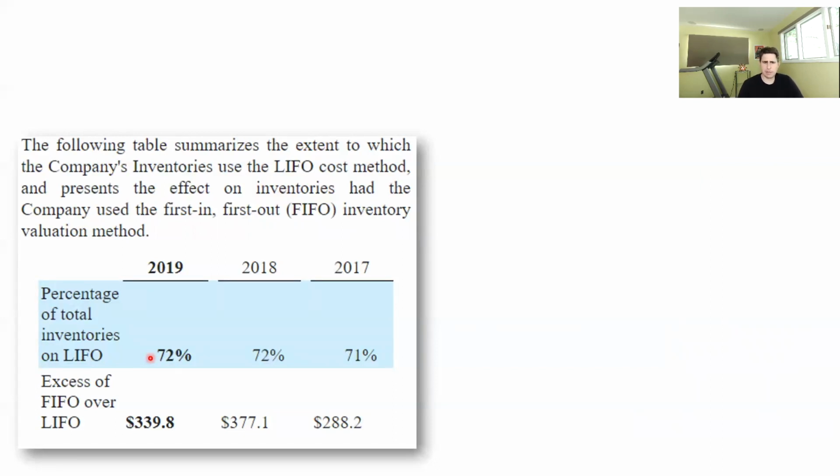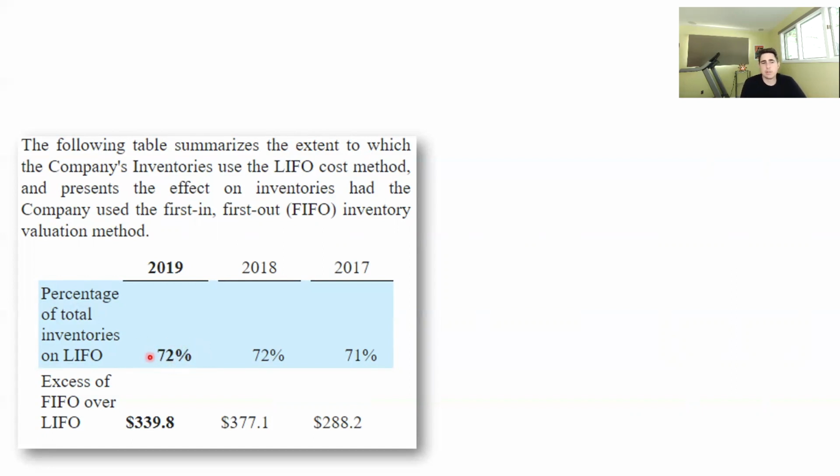Sometimes it can be confusing to ask, what does that 72% mean? Well, let's say Sherwin-Williams sells paint and then they sell, I don't know, painting equipment. If paint is most of their inventory, say 72%, and they account for paint using the LIFO method and equipment using the FIFO method, then since 72% is paint and that's LIFO, that would be what this disclosure is talking about.